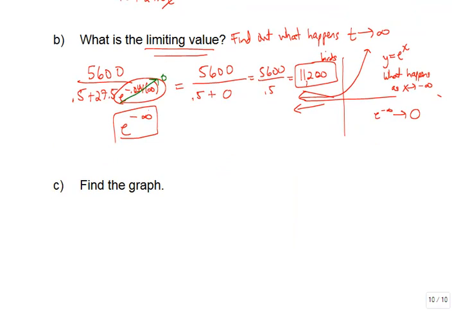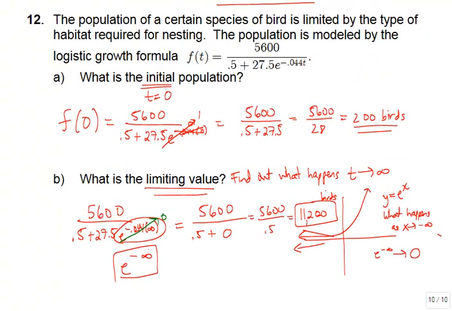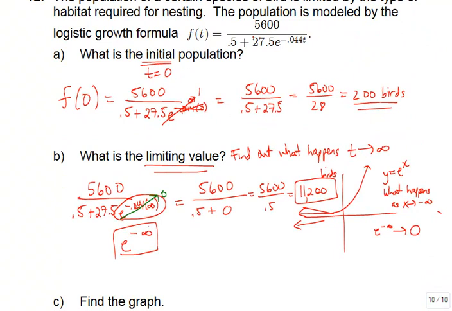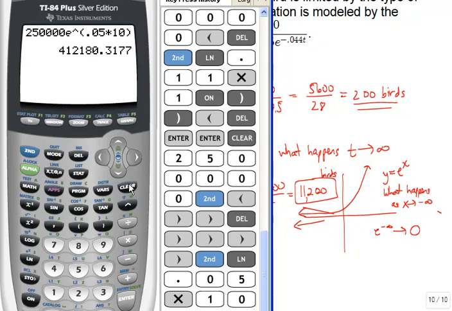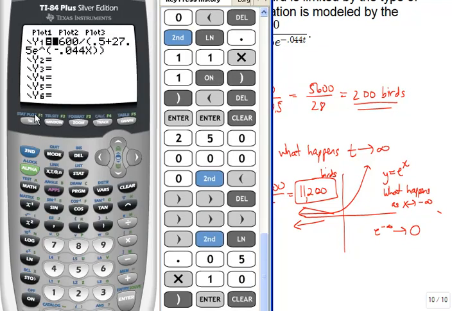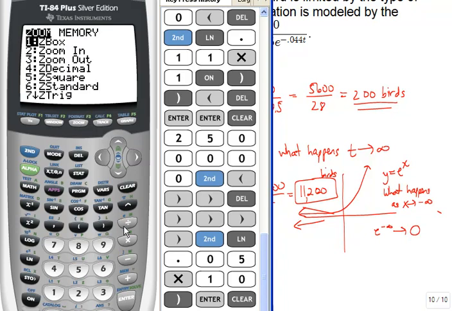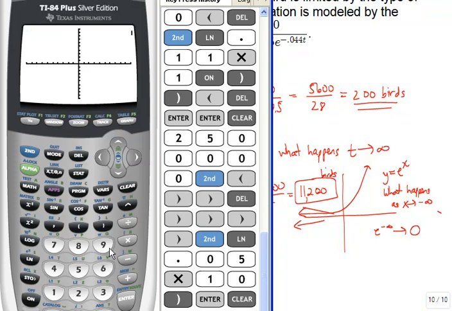Okay, to finish off here, let's take a peek at the graph of this logistic growth formula. It's too complicated to graph by hand, so you're going to have to look at your calculator to do that. I think I've already typed it into my y equals just to save some time. And instead of t, I had to use x, so this is 5,600 divided by parentheses 0.5 plus 27.5 e to the negative 0.044x. If you just do a standard window to begin with, you're not going to see anything.